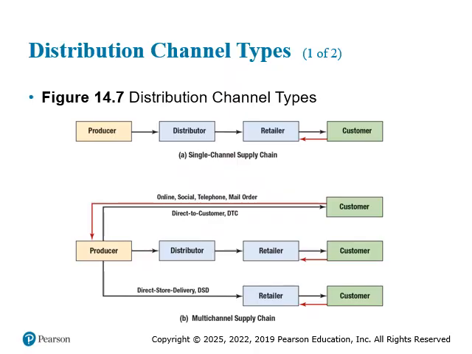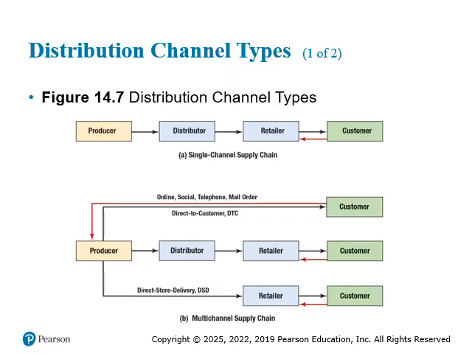So the first type that we described, the single channel supply chain, is the top picture here. It's clear that if a customer's getting anything, it's come through one particular set of supplying resources. The retailer gets all of that particular item for that particular customer from the same distributor, and the distributor from the same producer.